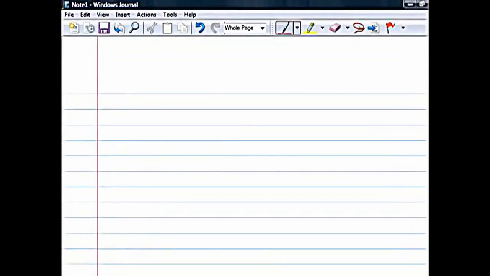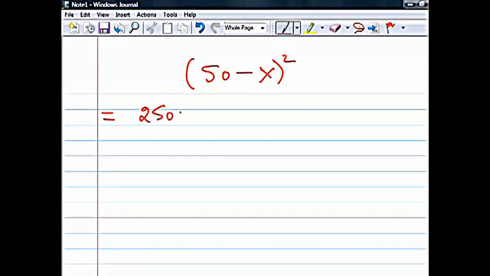With this formula, let's take an example. Suppose we have a number something like this: 50 minus x whole square. So x can be 1, 2, 3, or any number. If I derive it, it will be 2500 plus x square minus 100x.